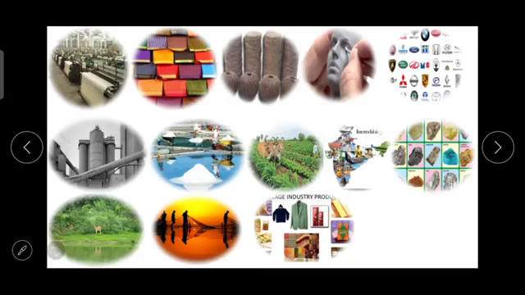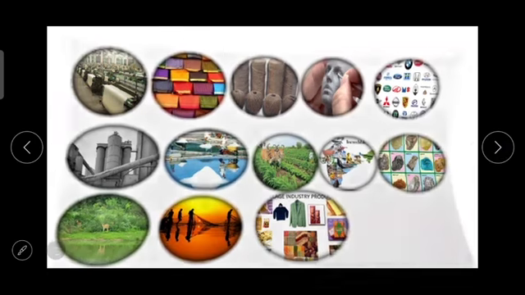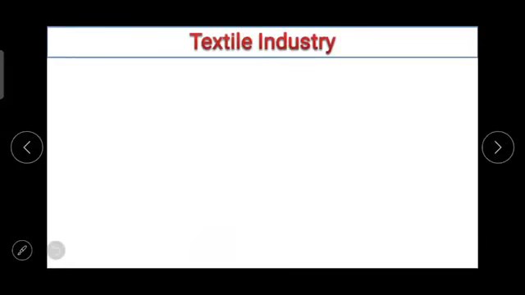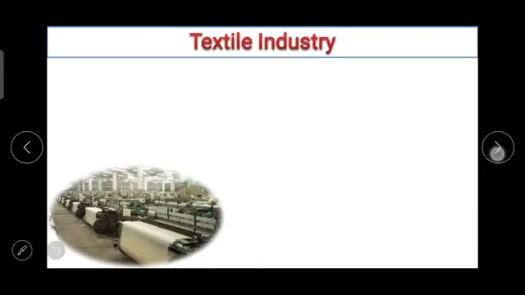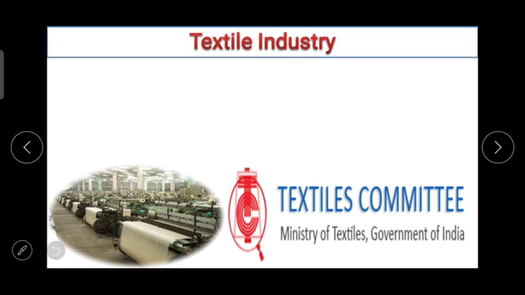Now, one by one we are going to study the industries in India, and the first one is the textile industry. On the screen you can see the images related to the textile industry.